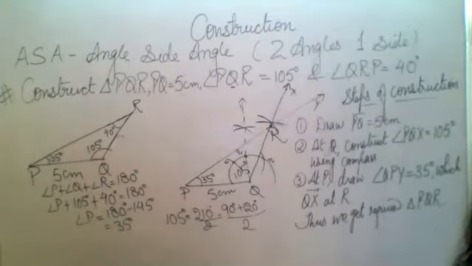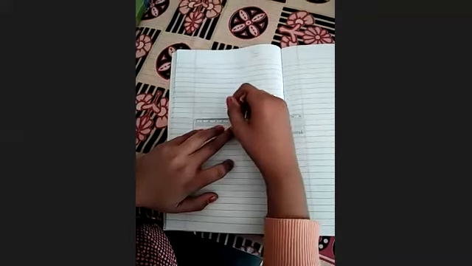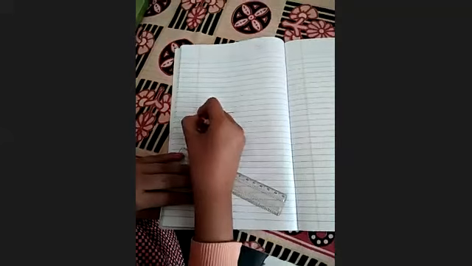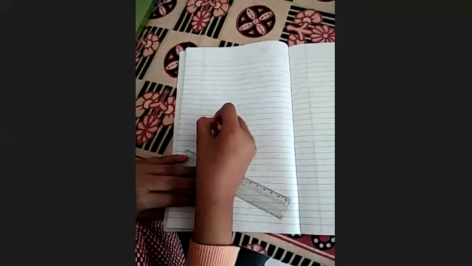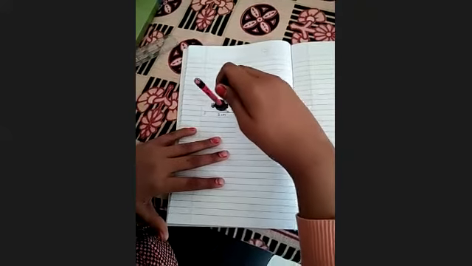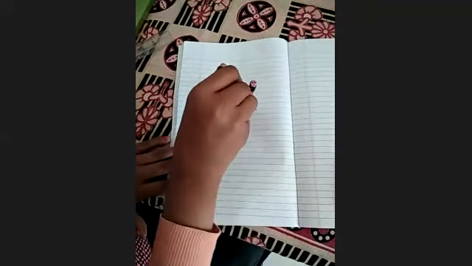Now I want students should draw a line segment PQ 5 centimeter. Using compass at P, draw angle of 105 degree.